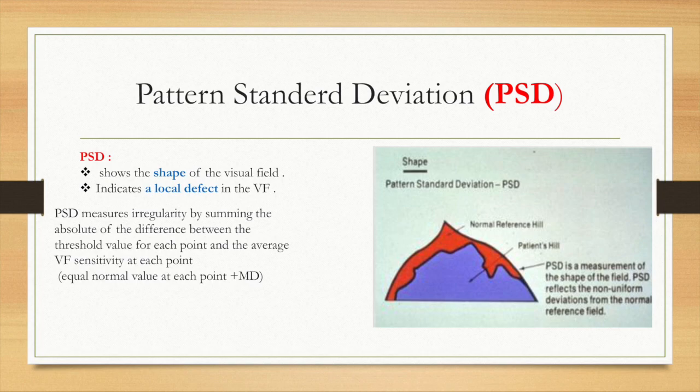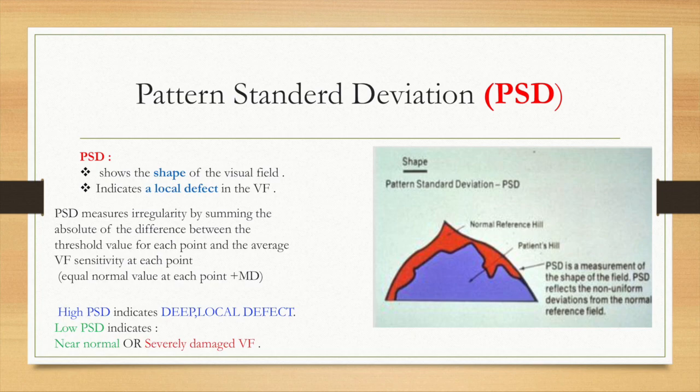How? It measures the irregularity by summing the absolute of the difference between the threshold value for each point and the average visual field sensitivity at each point. Average visual field sensitivity at each point is equal to the normal value plus the mean deviation. The pattern standard deviation is presented by a number.